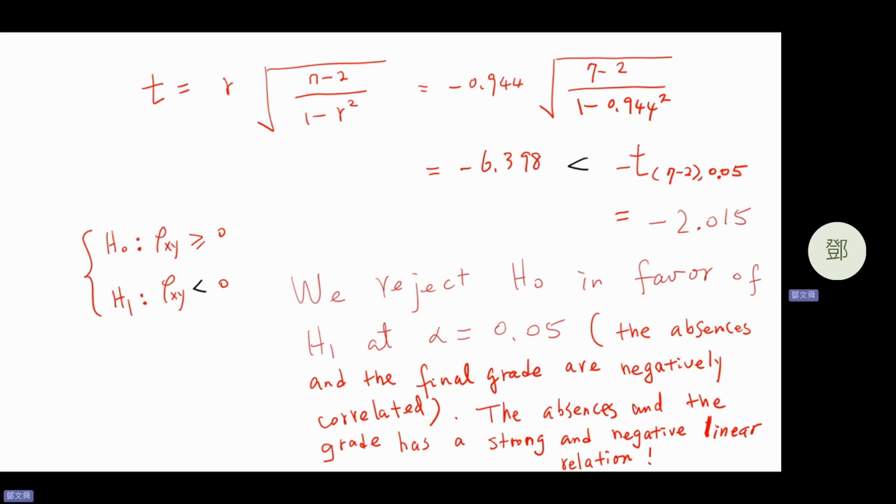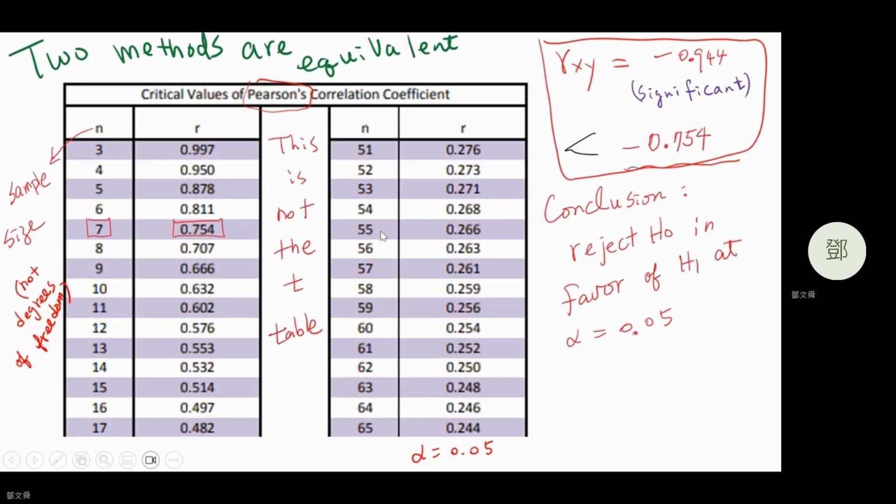It is 0.754. If you replace the critical value with 0.754 here and also here, and n is 7, then you will obtain this.